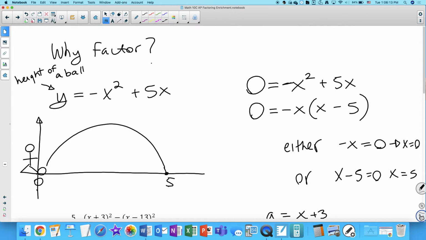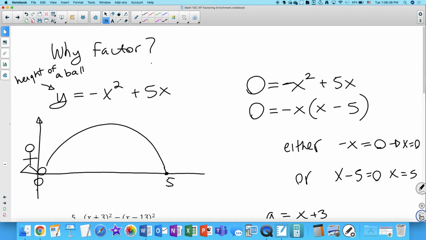This is, I would say, the most immediate reason that you guys will see, because you're going to look at this at the beginning of the next course in 20-1. This is actually called a quadratic equation. Quadratic is anything that's degree 2. So far, when we've been factoring, we've just been looking at expressions. There's never been an equal sign.